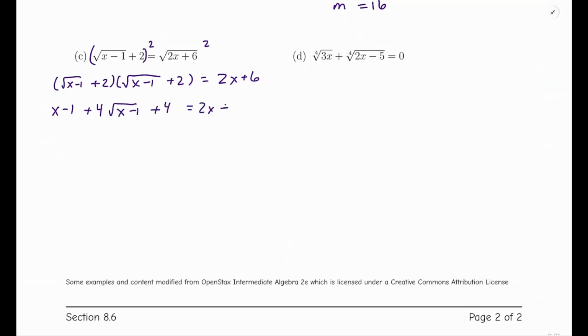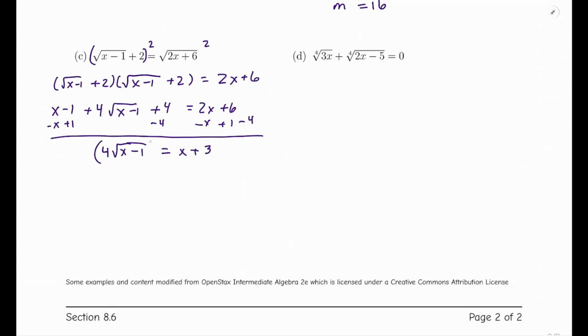We still have a square root, so we have to get the square root by itself. So I'm going to subtract x from both sides, add 1 to both sides, and subtract 4 from both sides. And we get 4 square root of x minus 1 equals x plus 3.